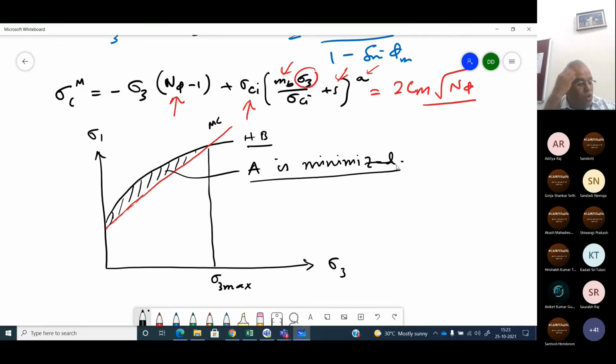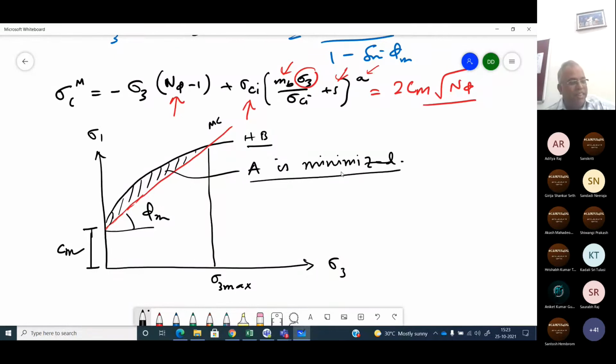So that means you have to play with this sigma cm and this phi m. These are the two parameters here. If you play with these two parameters, for what value is this area minimized?